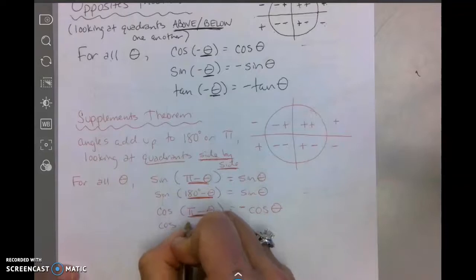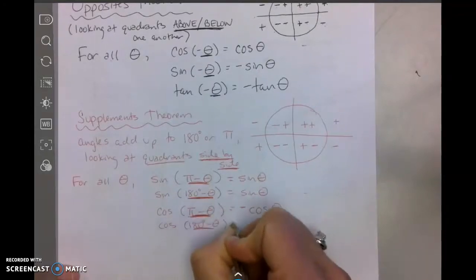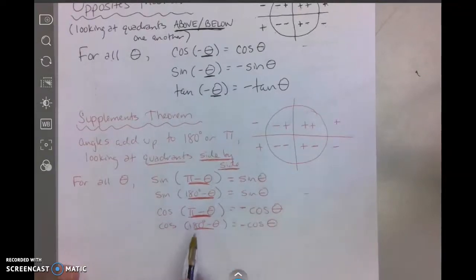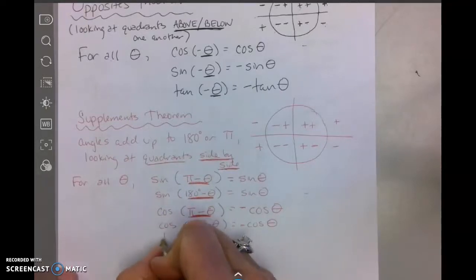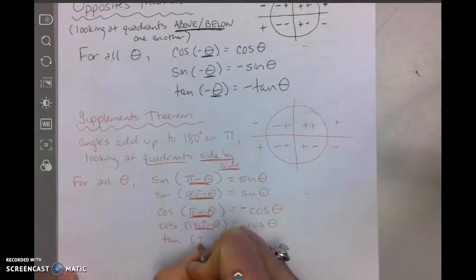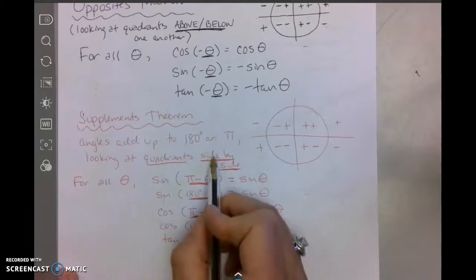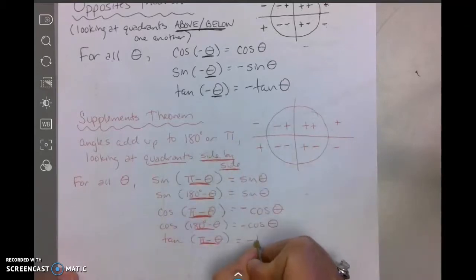I want you to realize that this could have also been written like this. Just want to make sure, in case sometimes our worksheets will say pi minus theta, sometimes they'll say 180 minus theta. And then for tangent of pi minus theta, again, supplementary angles are side by side. Tangent is the opposite sign.